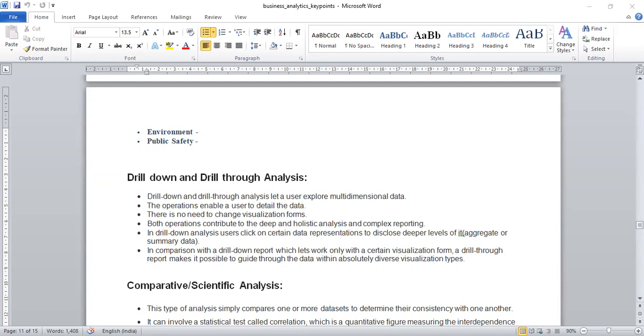So what are the benefits? First is customer engagement: it will improve customer service, personalize the customer user experience, increase customer engagement, and enable faster response to customer or market needs.